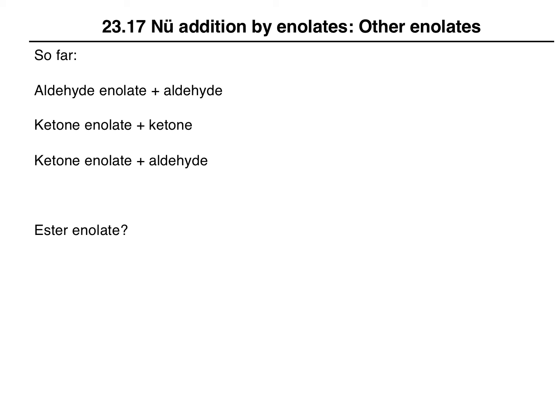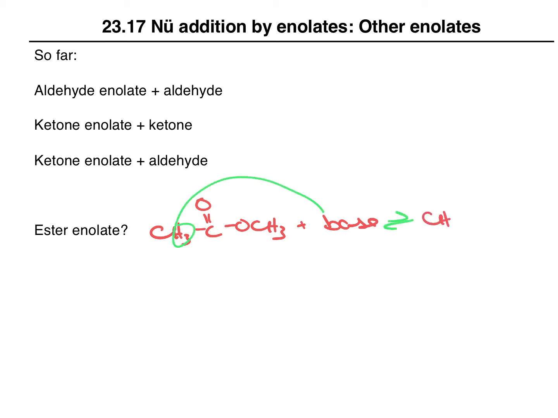What about other types of enolates? We've also seen examples where we can prepare an ester enolate. So if we have an ester and we treat this with base, then that base can grab off one of these protons, leading to the enolate, plus the protonated version of the base, whatever that is.